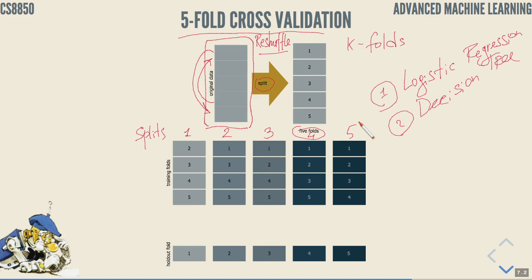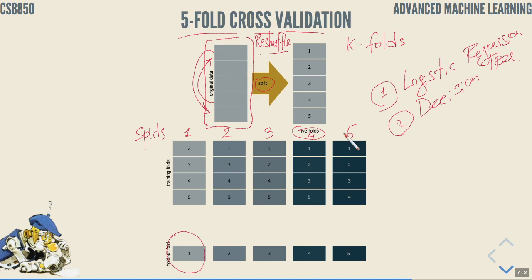What that means is we are sequentially taking one of the folds and holding it out as a holdout fold. Notice 1 is missing in our training folds or training data, in split 2, 2 is missing, in split 3, 3 is missing, and so on and so forth.